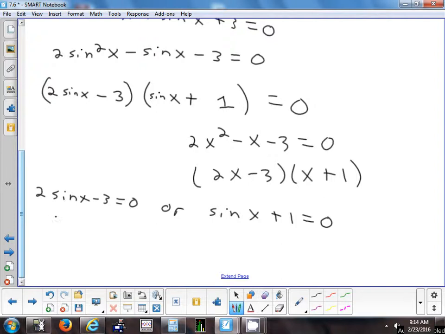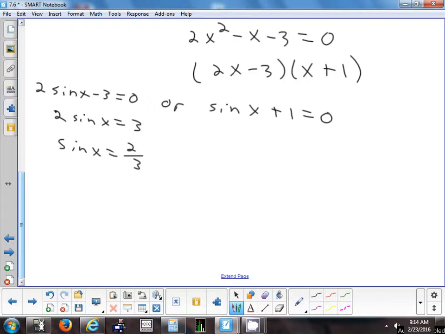What's the first thing I would do on the equation on the left? Move the 3. So 2 sine x equals 3. Divide by 2. Oh, I'm sorry, did I flip that fraction?